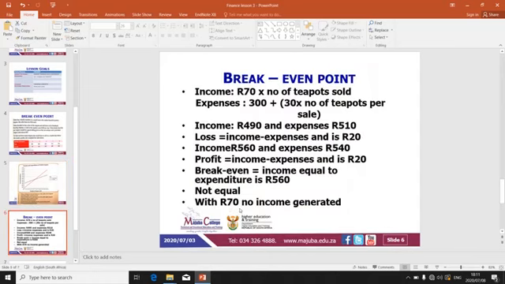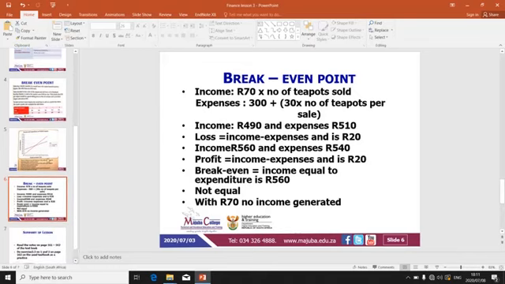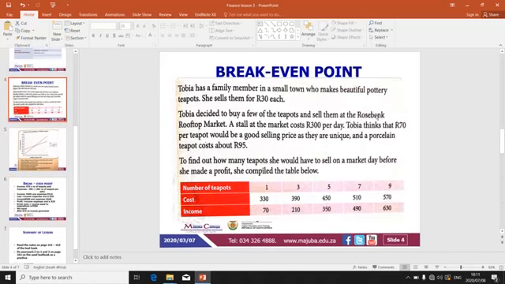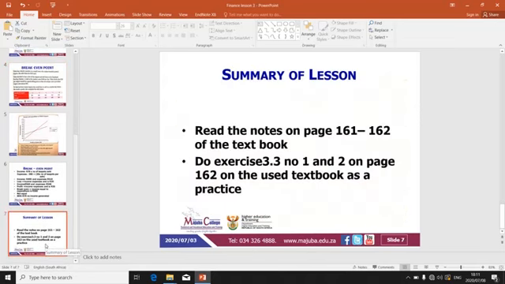With 70 rand, no income is generated, because we have said 70 rand is the selling price for the teapot. For 70 rand, there is no income that is generated.